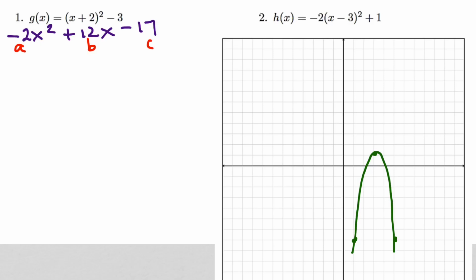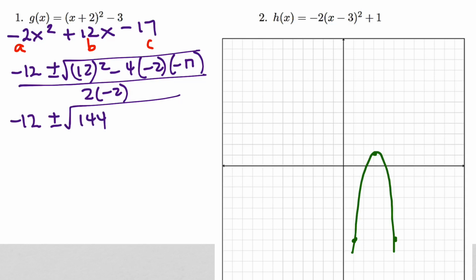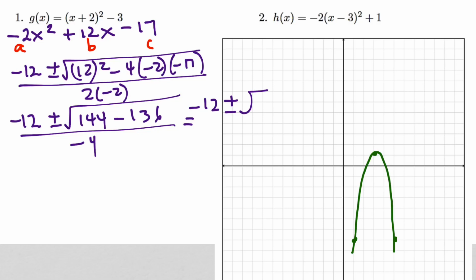So using the quadratic formula, I've got negative b plus or minus the square root of b squared minus 4 times a times c, all over 2 times a. So that's negative 12 plus or minus the square root of 144 minus 136, all over negative 4. So let's go over here. So that's negative 12 plus or minus the square root of 8, divided by negative 4.